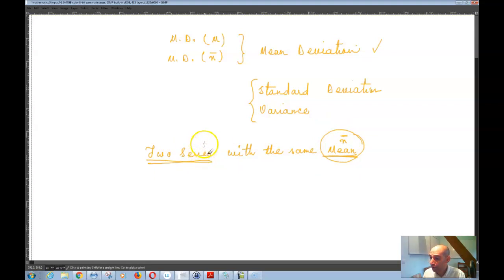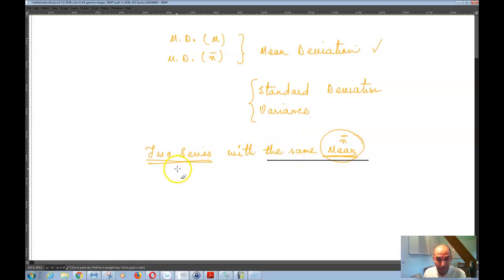Provided that they have the same units, basically in two cases you can compare. First of all, they have the same mean. This condition has to be fulfilled, otherwise the comparison doesn't make any logical sense.